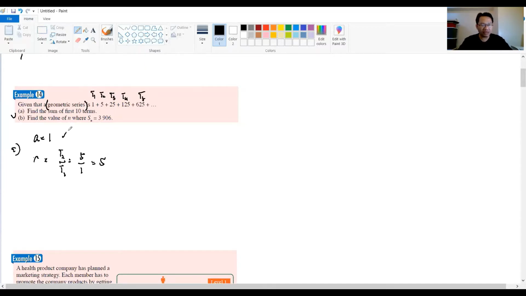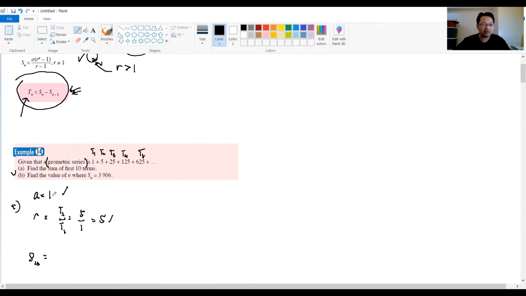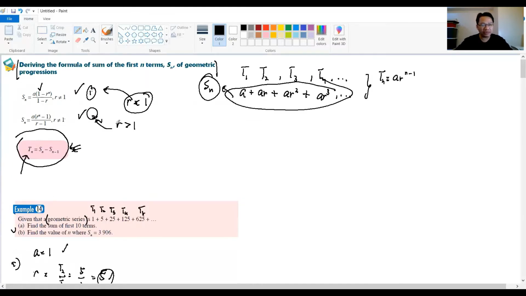After we get A and R, now we want to find the sum of 10 terms, so that means S10. Which formula do we need to use? Our R is 5, which is more than 1. If R is more than 1, we need to use the second formula.